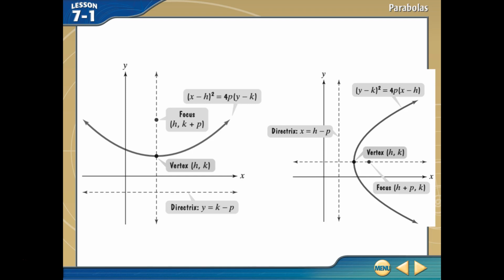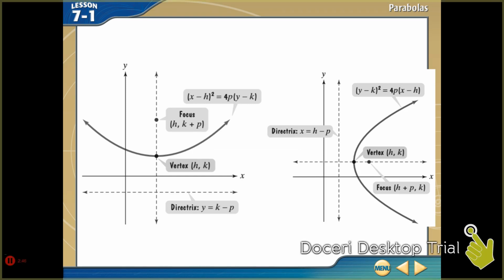This is our general equation. These are going to be super helpful for you to look at as we go through this. They're on your notes, and you should have them as you go through it. Basically, this gives a little bit more of an equation to it. If we have a parabola that goes up or down, we're going to see an x squared term.